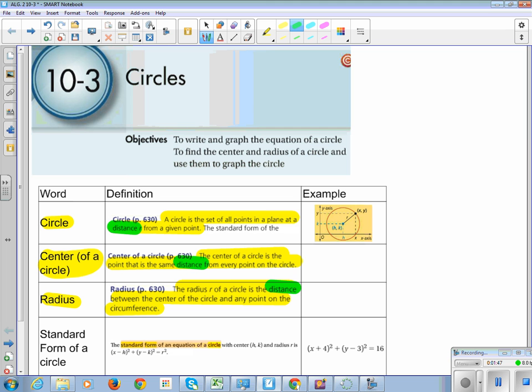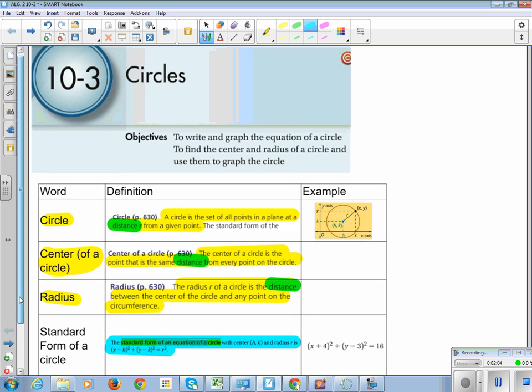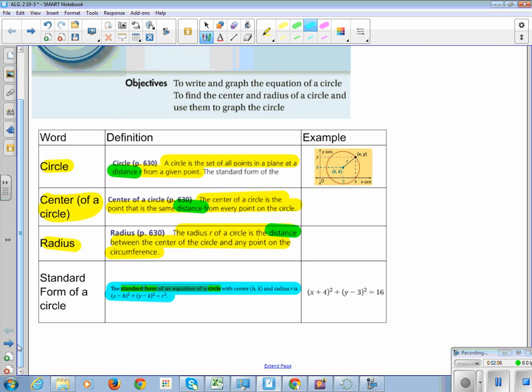The standard form of a circle with the center h comma k and radius r is x minus h squared plus y minus k squared equals r squared. An example is this guy right here, x plus 4 squared plus y minus 3 squared equals 16.